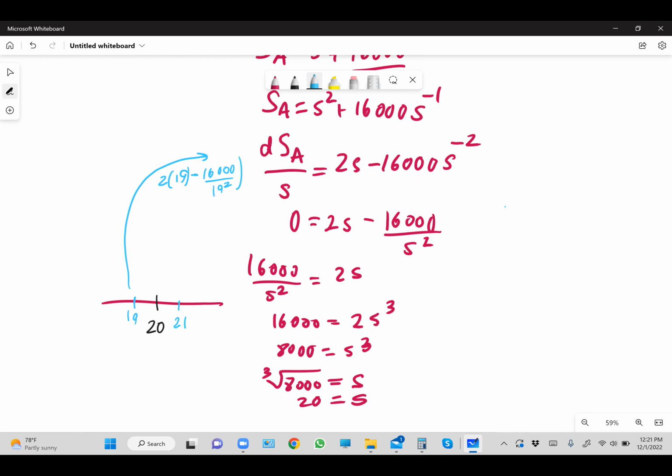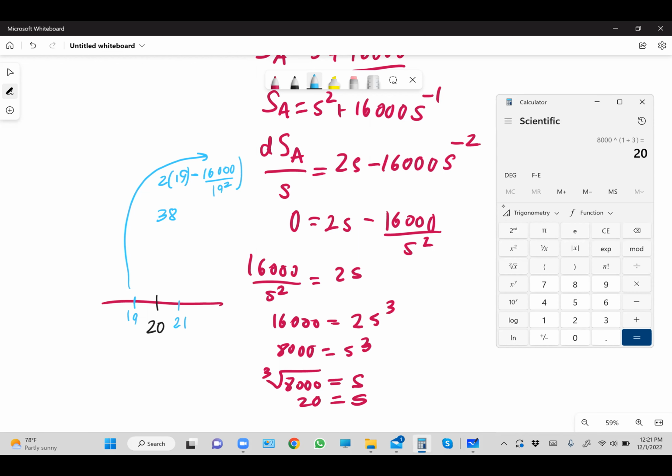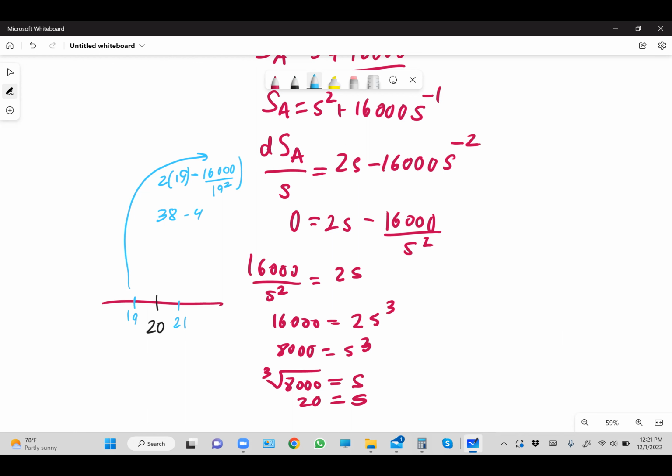That's 38 minus 16,000 divided by 19 squared, which is about 44.3. Is 38 minus 44.3 positive or negative? Negative. So now we check the other side.